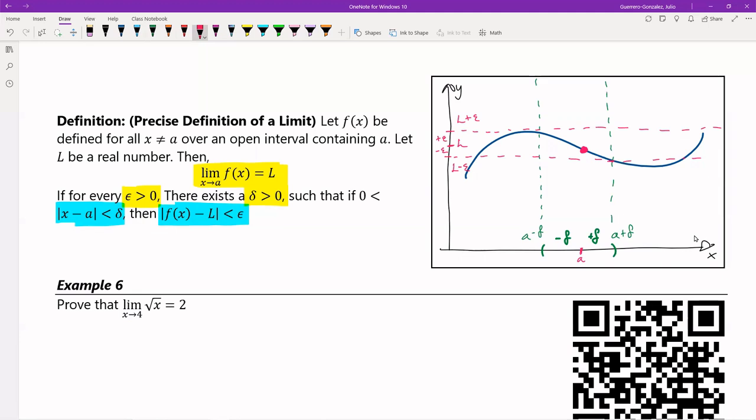So basically, let me go through this one more time. For every epsilon bigger than 0, so for every containment in my y values, I should be able to choose a delta that contains my x values such that my y values are contained as such.